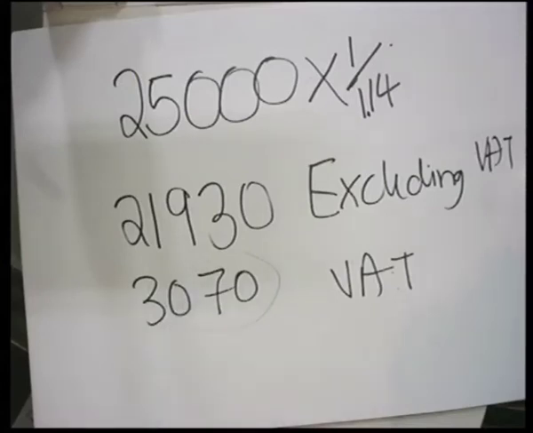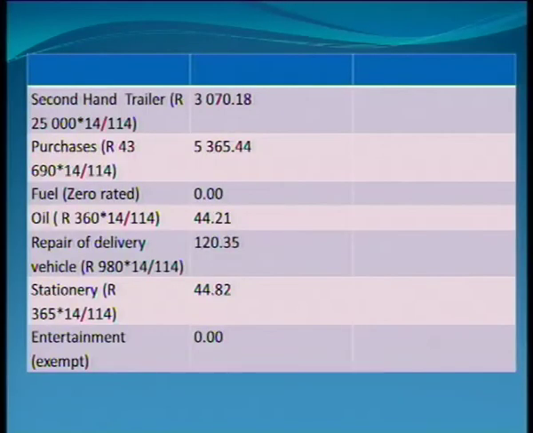So now they are telling the receiver that, look, we paid $33,070 for purchases. It's either we get a refund or we don't get a refund based on what we sold. Let's look at purchases. They also had purchases of 43,690 Namibian dollars.